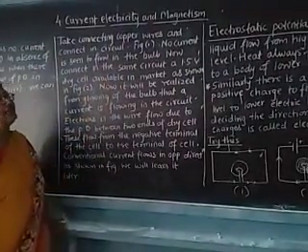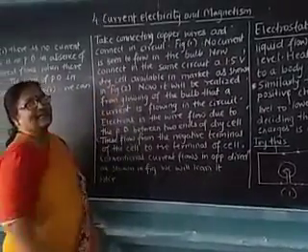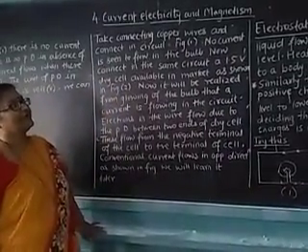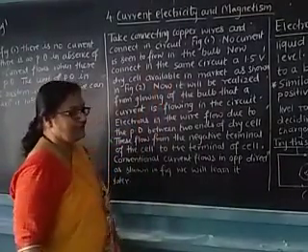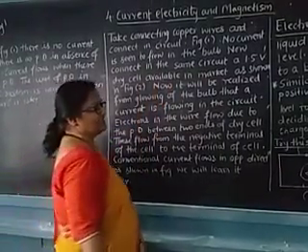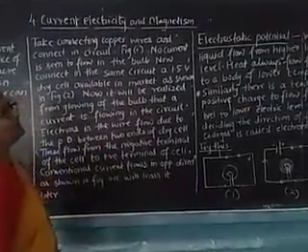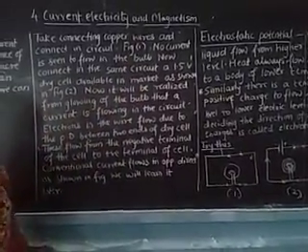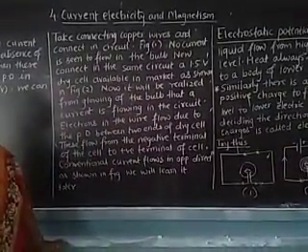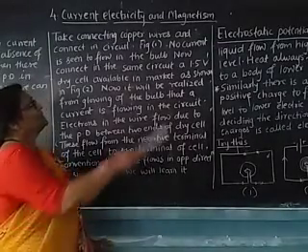You have to take two copper wires and connect them in a circuit as shown in the figure. But you observe that although these wires are connected to a bulb, no current is seen to flow in the bulb.